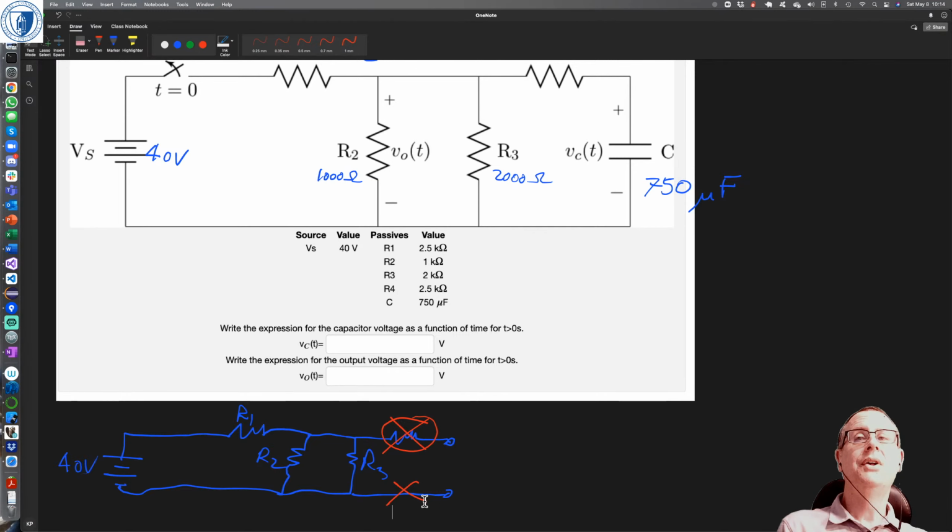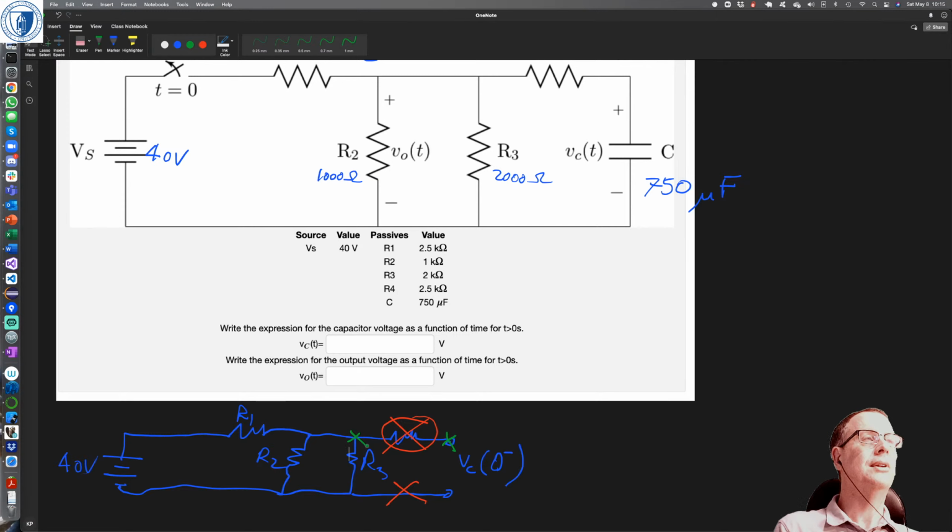Okay, so our first circuit, and remember this is still VC at time 0 minus, but VC, the voltage here, is the same as the voltage here because there's no current flow.